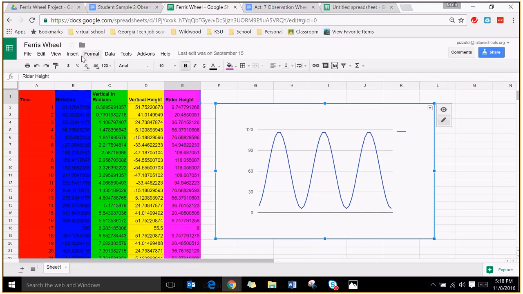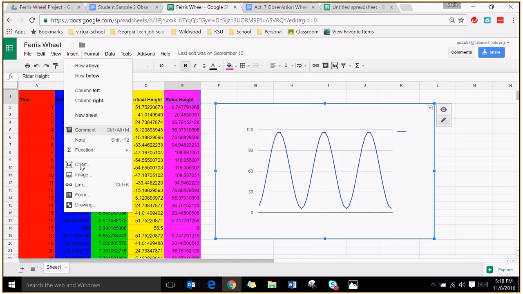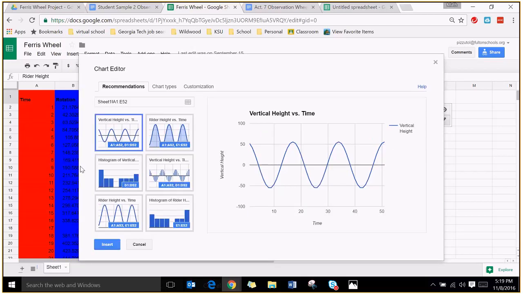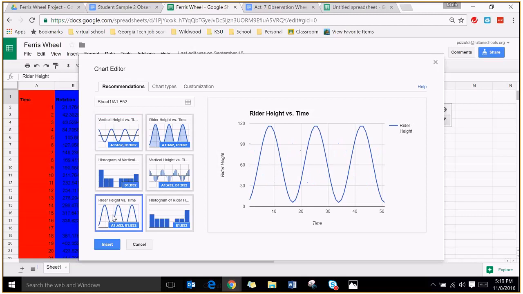To insert a graph, you do insert chart, and then it'll give you some choices of what kind to use. You pick your rider height and time. It says time down here, rider height.